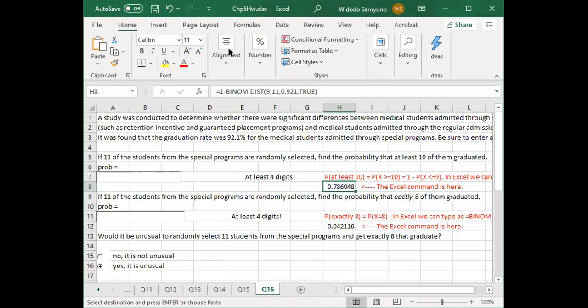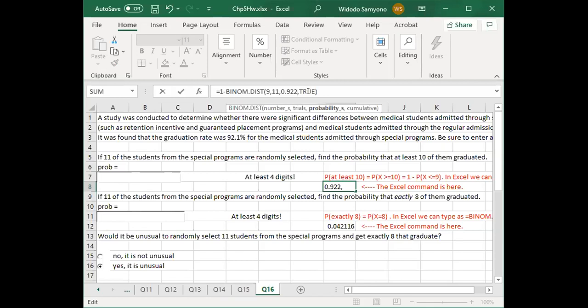The probability in the problem is 92.2%, so you need to change this to 0.922, right? And this is true because it's cumulative, so you need to subtract from 1.